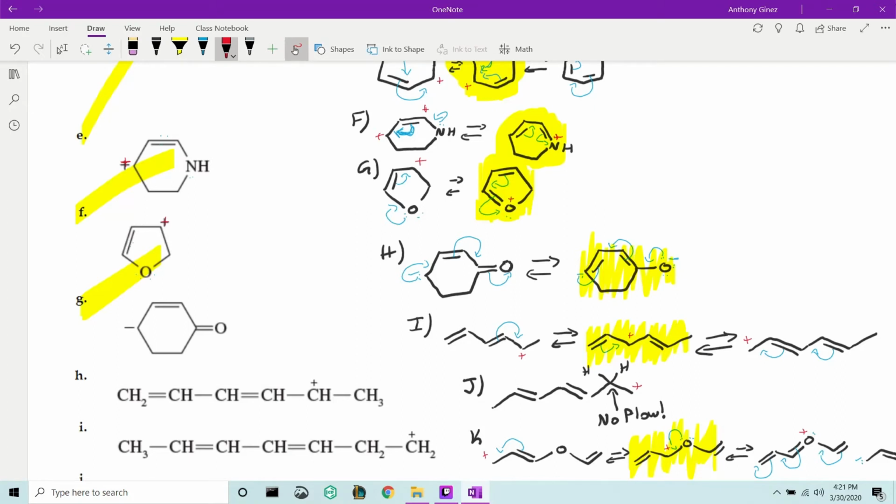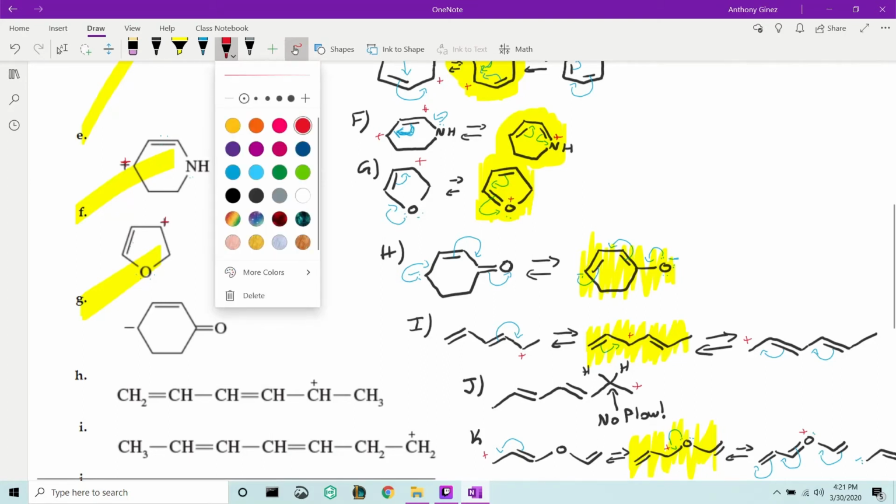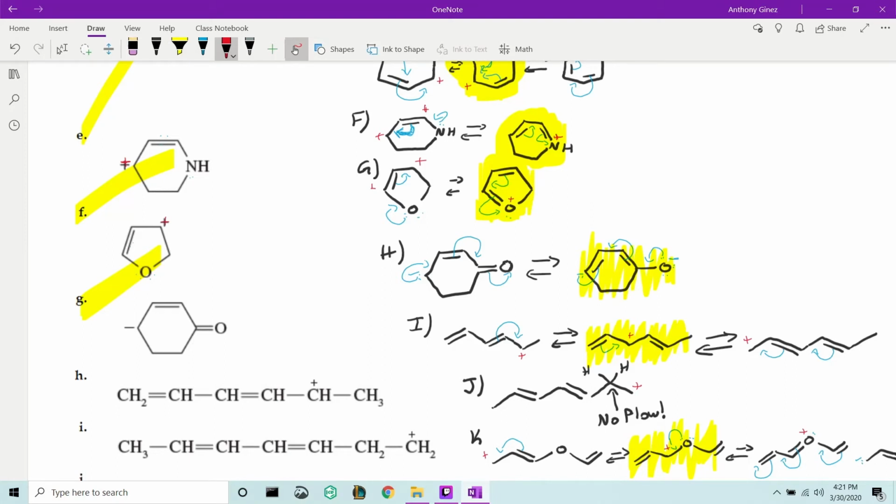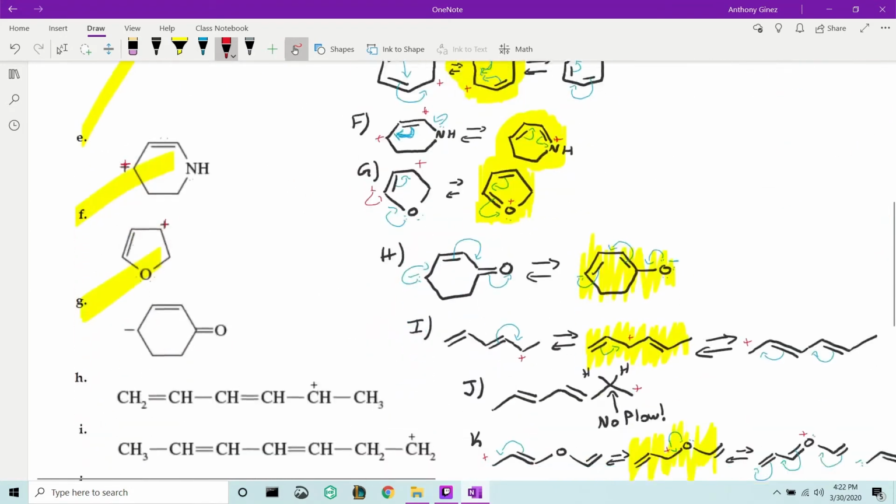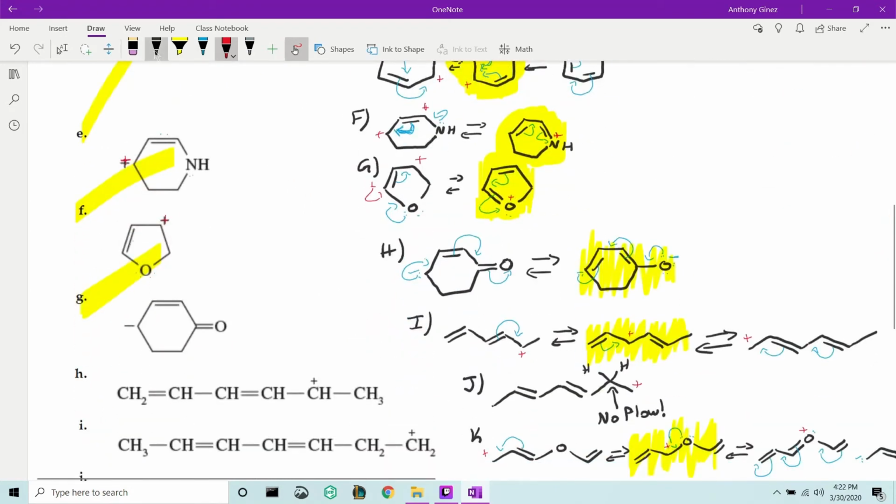We see electrons move from the double bond into the sink and from the oxygen to stabilize the positive charge that would otherwise be left right here, where the double bond used to be, allowing this structure. This structure would be our major resonance form.